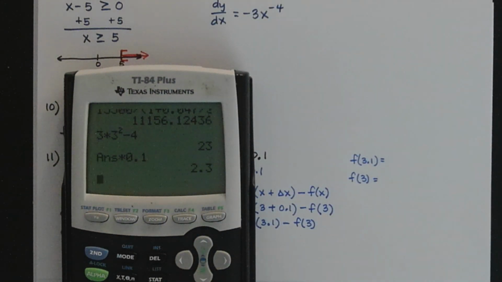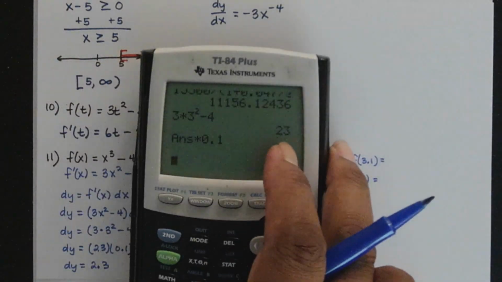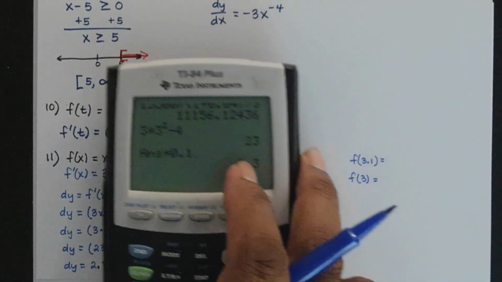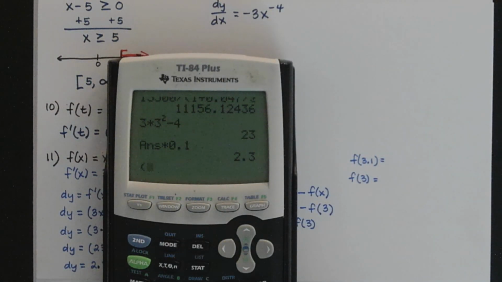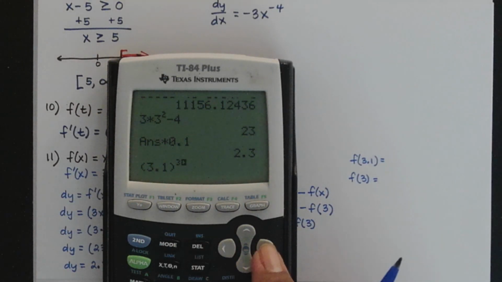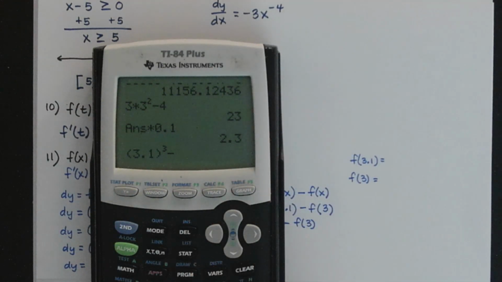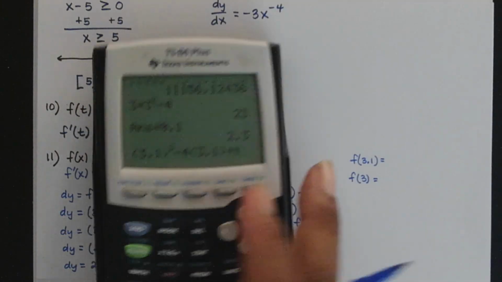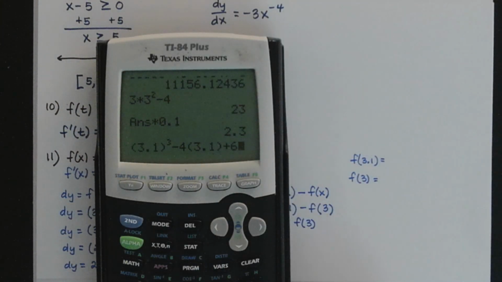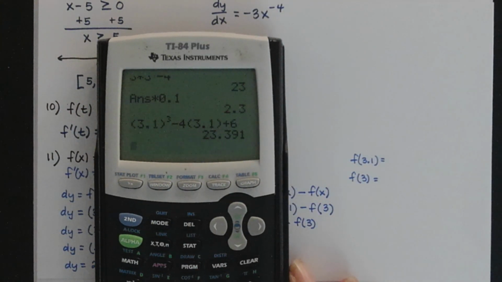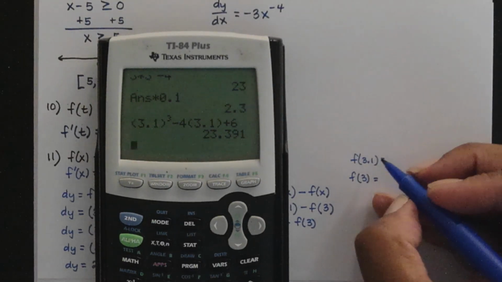And I'm going to have to do this in the calculator, so I'm going to put the 3.1 in parentheses. Since it's cubed, I'm going to do the hash key and then cube. And then minus 4 times the 3.1 plus 6.